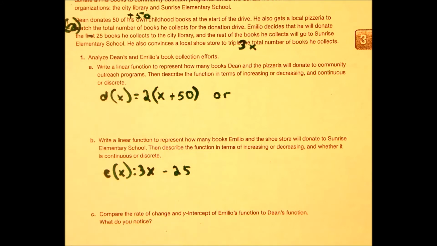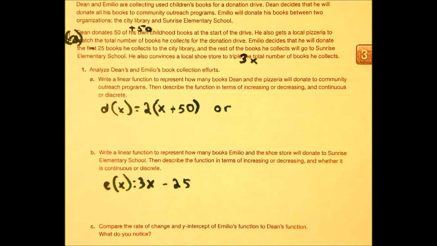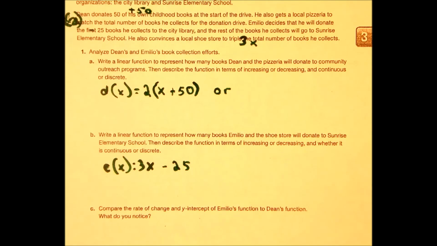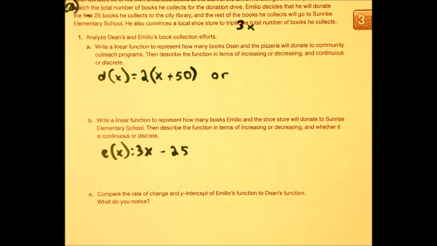Okay. Now, are these functions discrete or continuous? And who remembers? Hopefully you don't forget these words because we're having an exam and you're going to have to know everything up to this point. Can't forget things. So what is the difference between discrete and continuous?